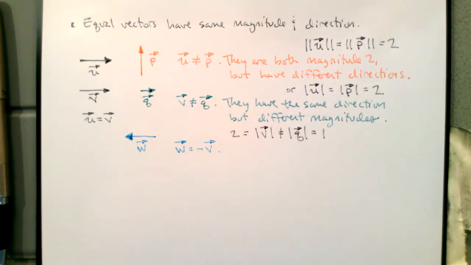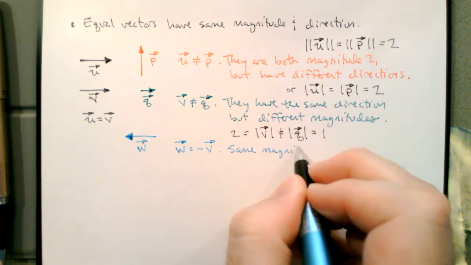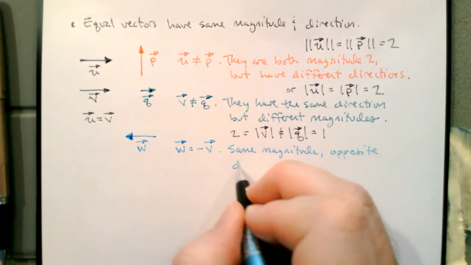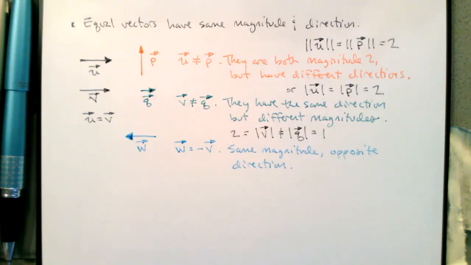Same magnitude, opposite direction. That -1 turns the vector into the opposite direction. Any questions?